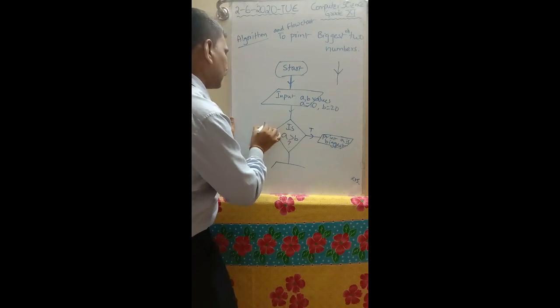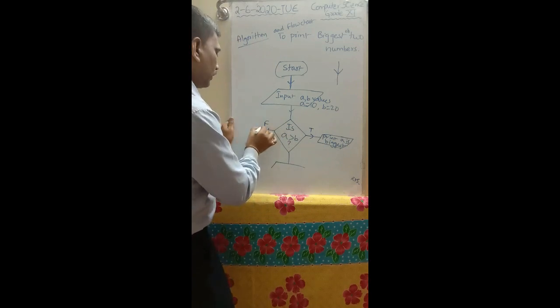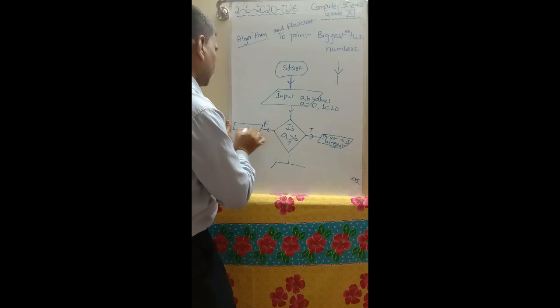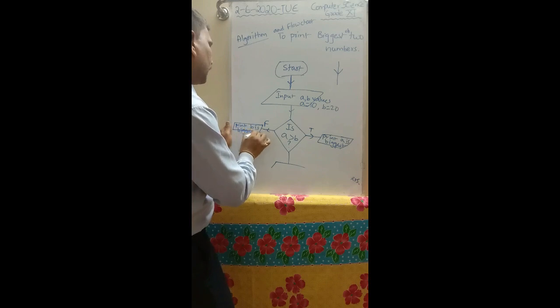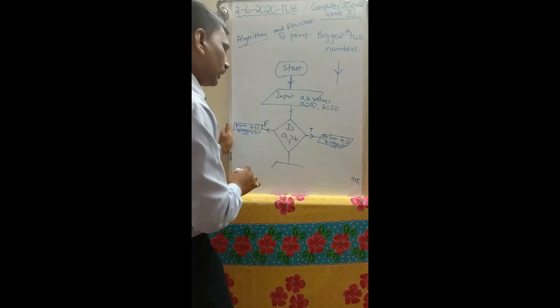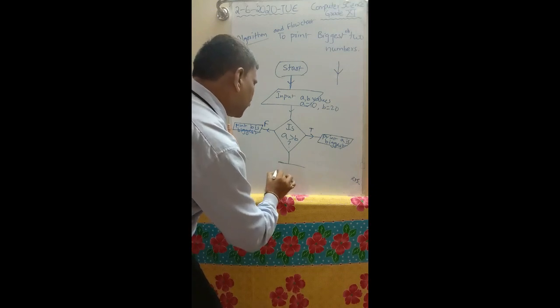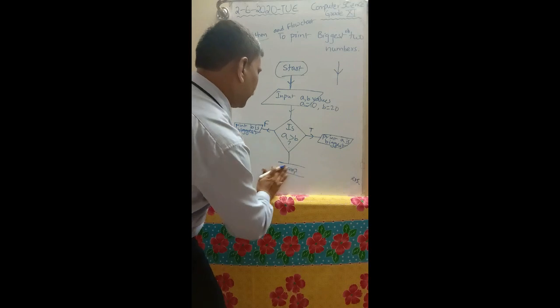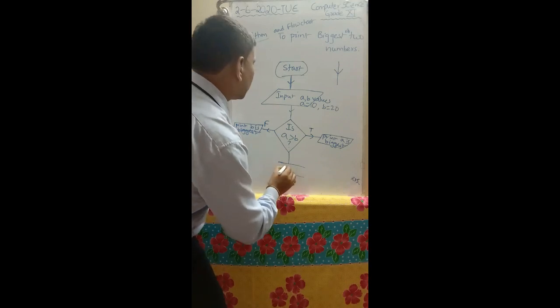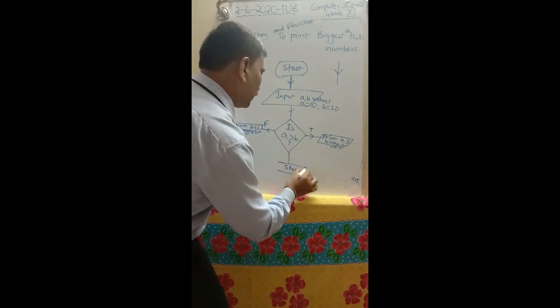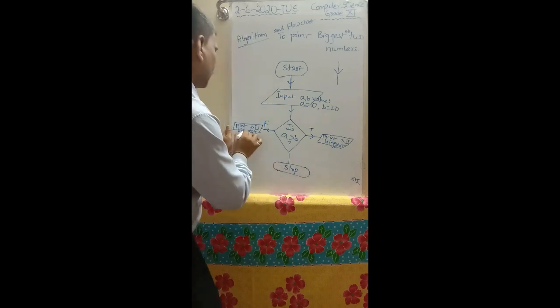Suppose it is false, then it displays print b is biggest. B is biggest among these two values. So control comes to stop. Here I am writing the last statement, the start or end, begin or end, start or stop box.